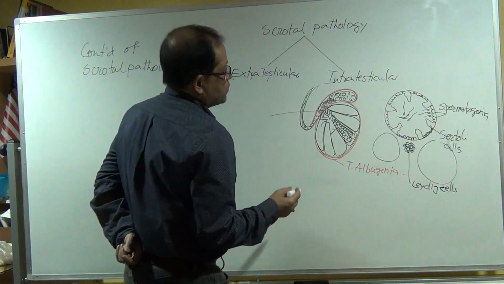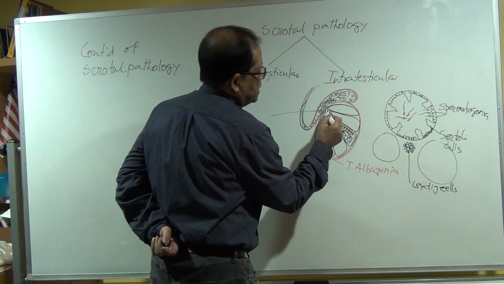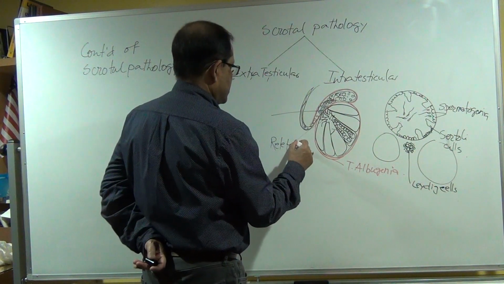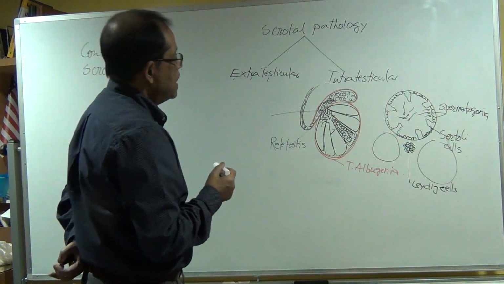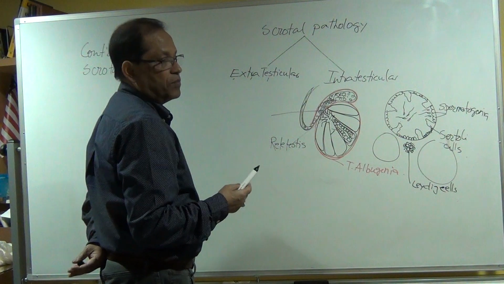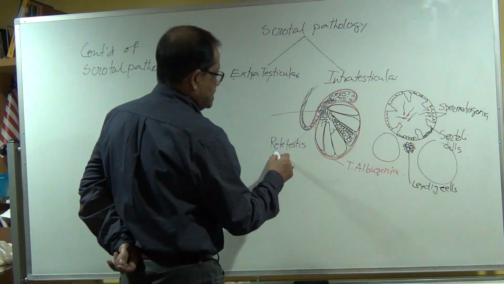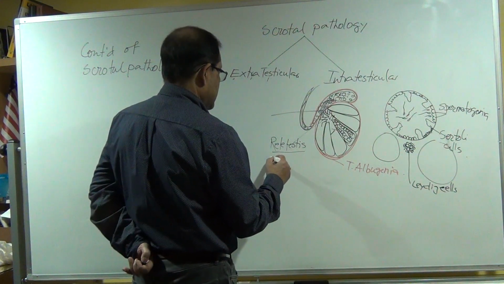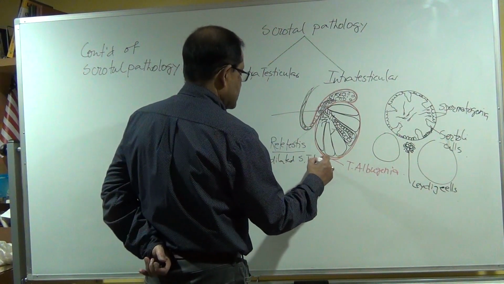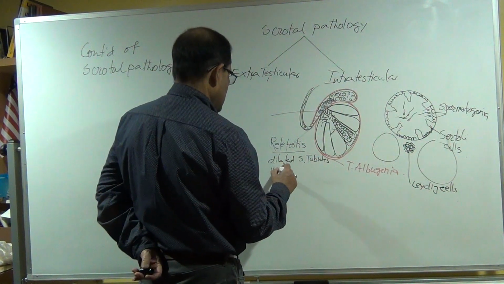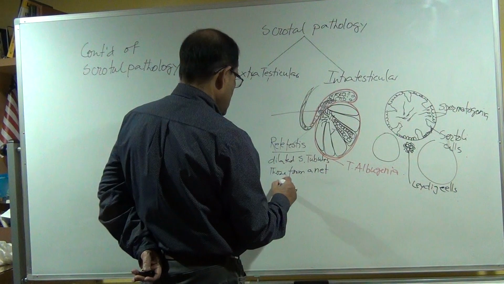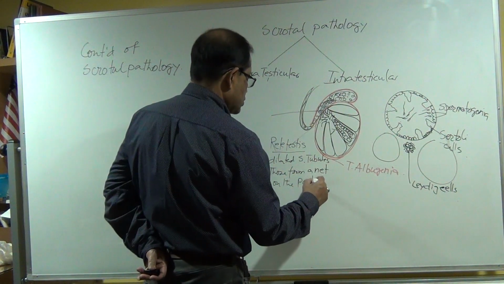These seminiferous tubules make a net here, we call it the rete testis. This rete testis area is also connected with the mediastinum testis, because the rete testis is the dilated seminiferous tubules that form a net on the posterior aspect of the testis.